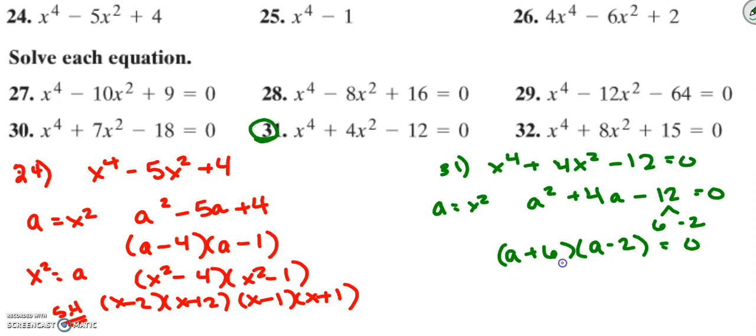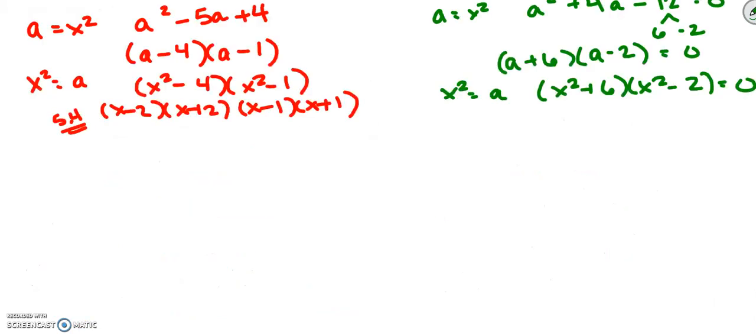There is nothing else that I can do here as far as factoring it, so I'm going to substitute x squared back in for a, giving us x squared plus 6, x squared minus 2 equals 0. Now in both of these cases I cannot factor that any further because neither of those are difference of squares. So I'm going to set each expression equal to 0 and then solve for x. So we have x squared plus 6 equals 0 and x squared minus 2 equals 0.